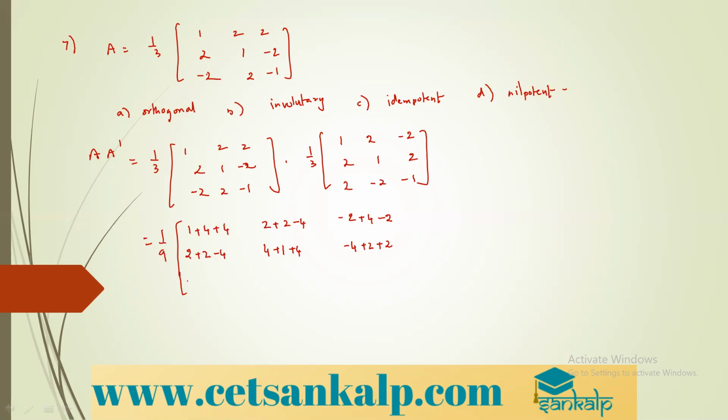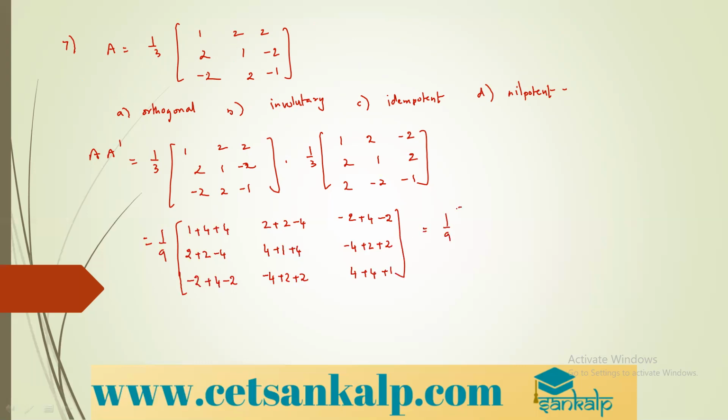Then next, minus 2 into 1, 2 into 2, minus 1 into 2. Minus 2 into 2, 2 into 1, minus 1 into minus 2. Then minus 2 into minus 2, 2 into 2, minus 1 into minus 1.